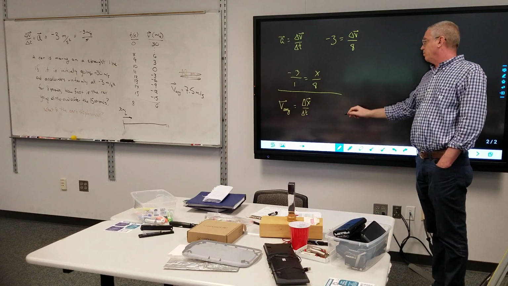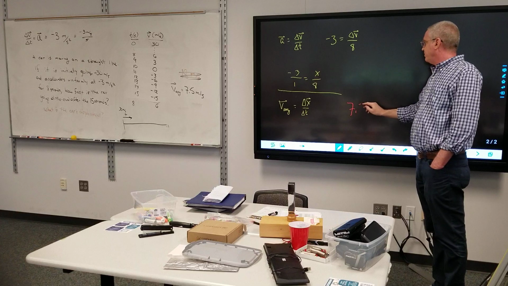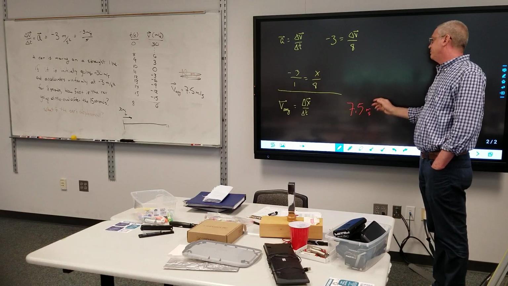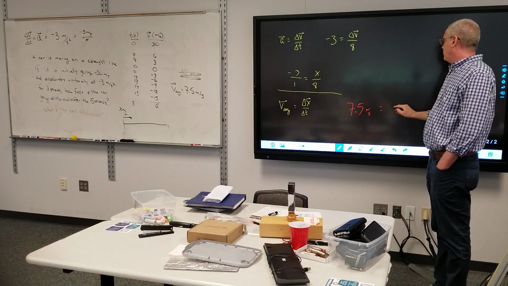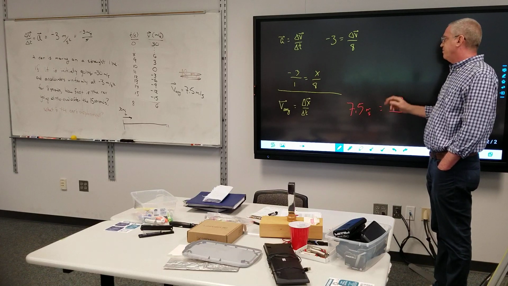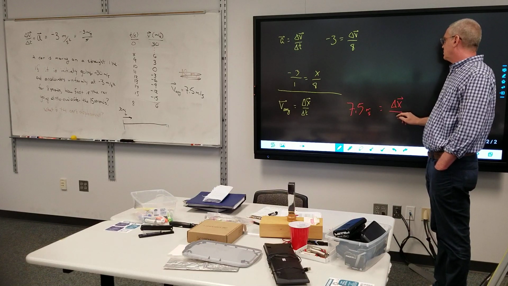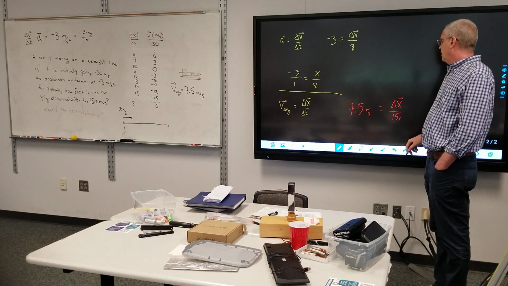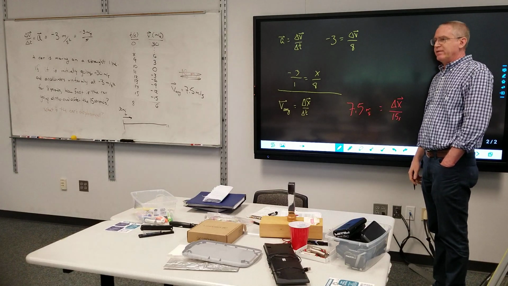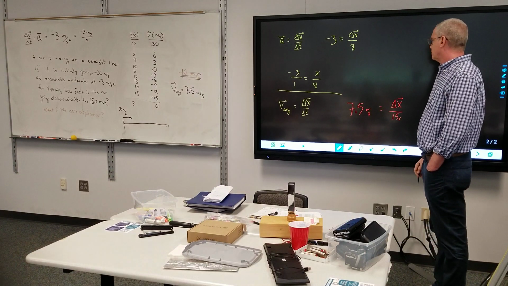All right, so my average velocity, we figured out it was 7.5. And that's going to be equal to my displacement divided by time, which is 15 seconds. And so multiply 15 times 7.5, boom, you're there.